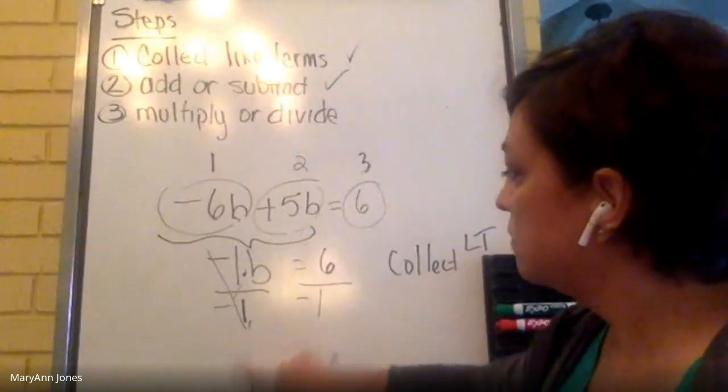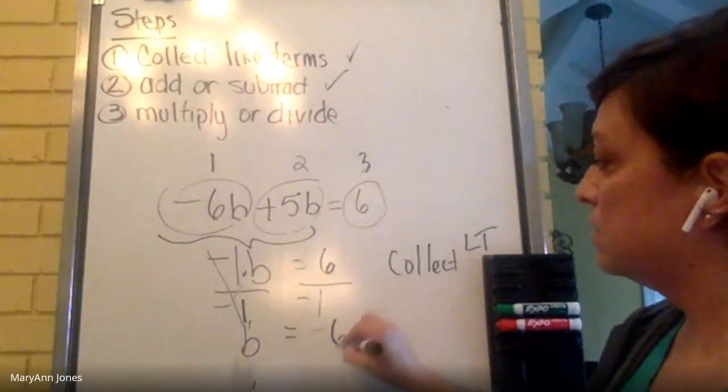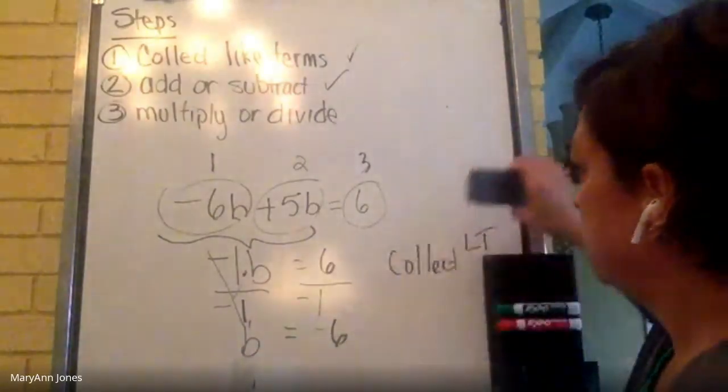So this is a b equals 6 divided by negative 1, which is negative 6. Okay, do you guys have any questions? No. Okay.